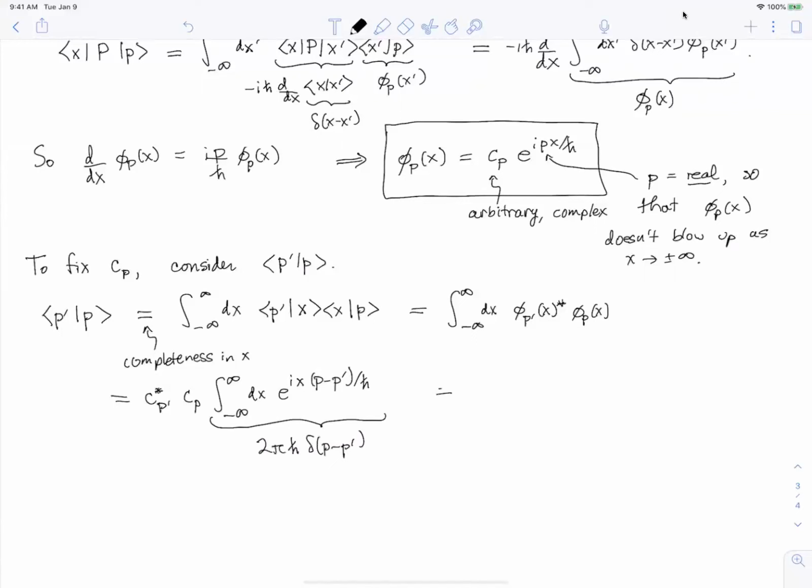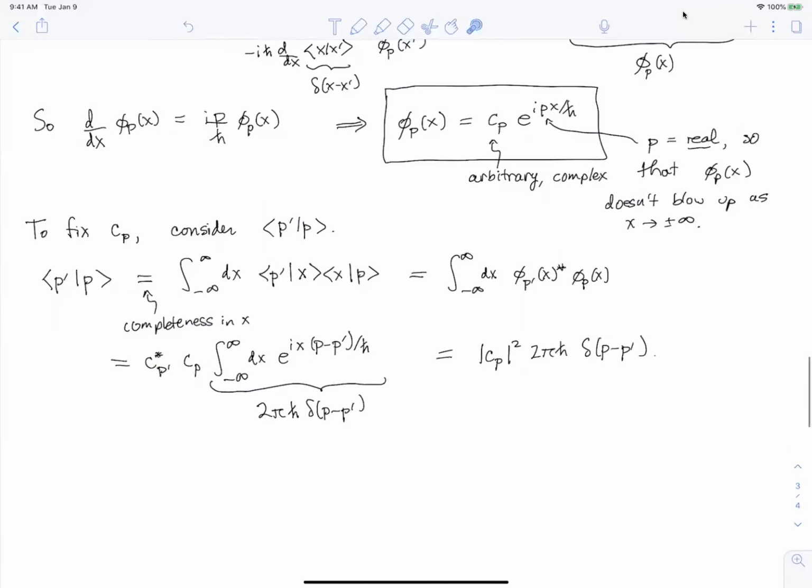And so this is equal to, just cleaning up the mess, Cp squared 2 pi h bar delta function. One thing I did there is I said, oh, the delta function is only non-zero if p prime is equal to p anyway. So right here, I could take this p prime and replace it by p. Because if p is not equal to p prime, then the whole thing just vanishes anyway, and so it doesn't matter what it is.